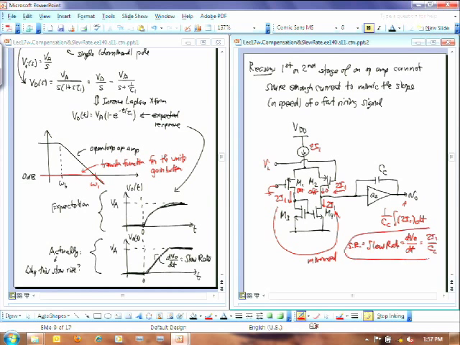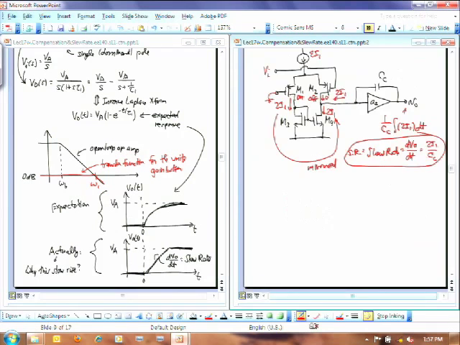So if you apply a very fast signal, and fast can mean two things. It can mean that the signal is high frequency, but it could also mean that the signal has a large amplitude. Both of those things can cause a very large slope, especially when the sinusoid is going through zero.